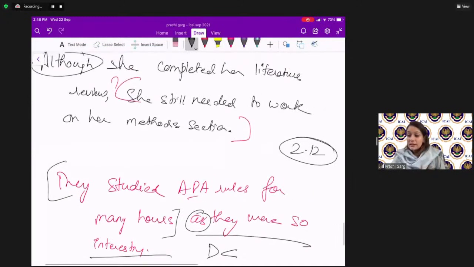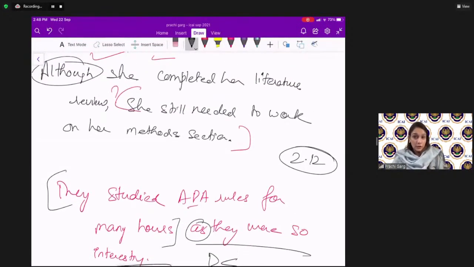Whenever a sentence starts from a dependent clause, we will use the comma wherever the dependent clause ends and the main clause starts. But if a sentence starts from the main clause, we might not use the comma, because there is no need for it. Clear? Yes.